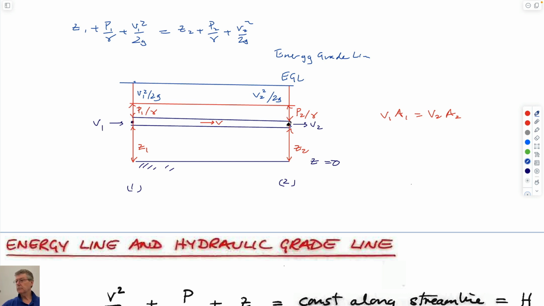Horizontal pipe, elevations have to be the same upstream and downstream. So these are equivalent to each other. Not zero, but equivalent. We know that from continuity, if the pipe cross-section is the same all the way along, then V2 and V1 have to be the same. So these two have to be identical to each other, not zero.